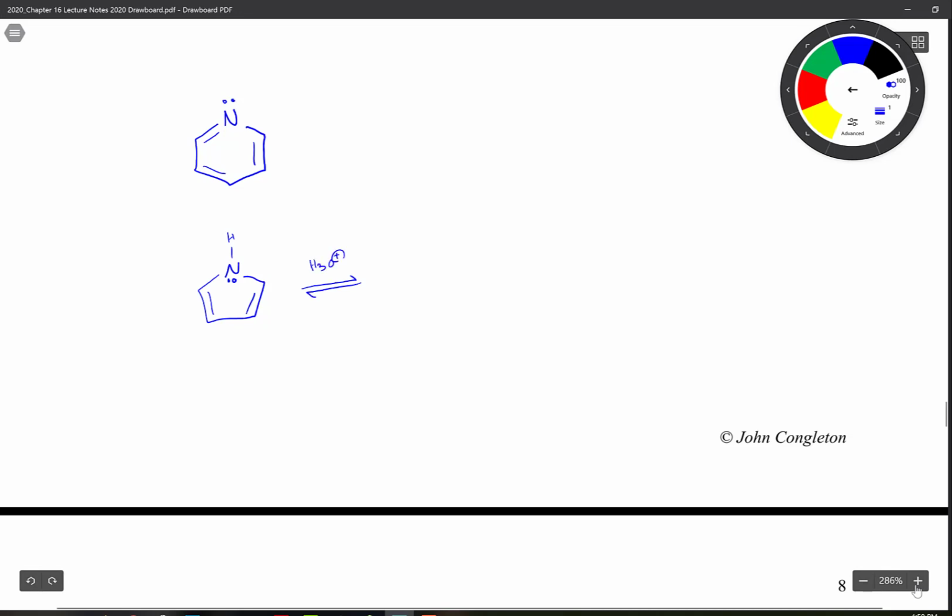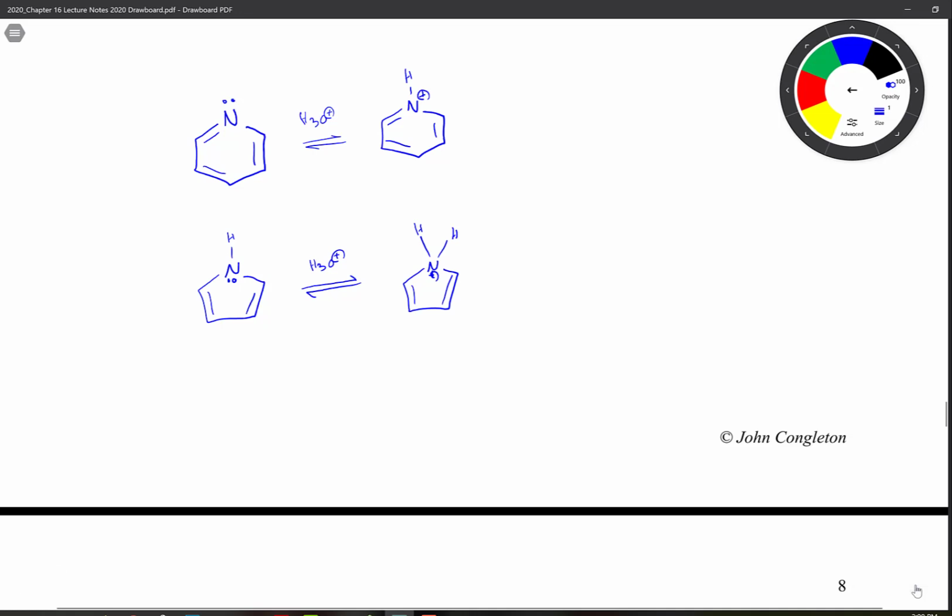So if we grab an H, it's going to go to nitrogen, and it would give us this, with a plus charge there. And then our double bonds, of course, stay here. And then the same idea up here above. If we add H3O plus here, you're grabbing an H from that H3O plus. So then our structure is going to be this guy.